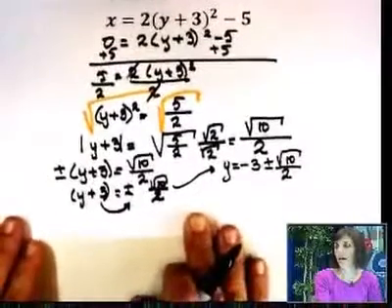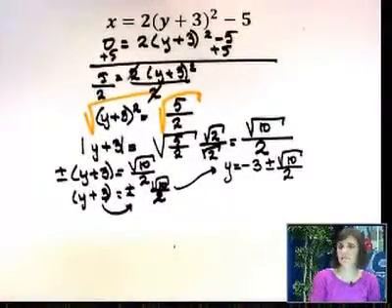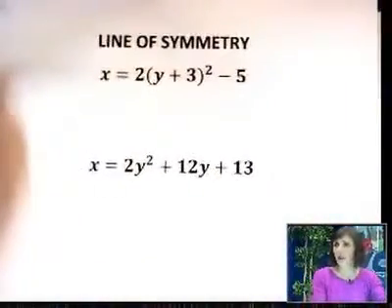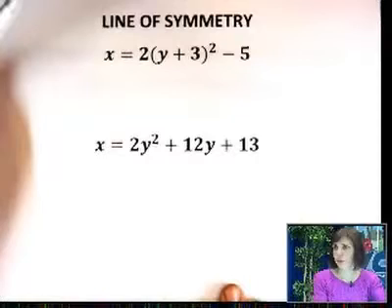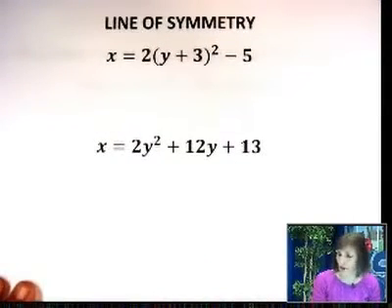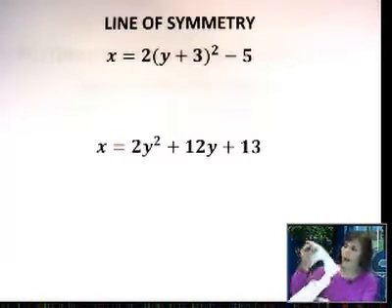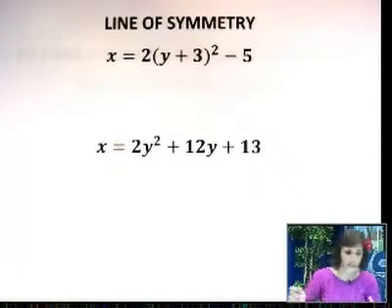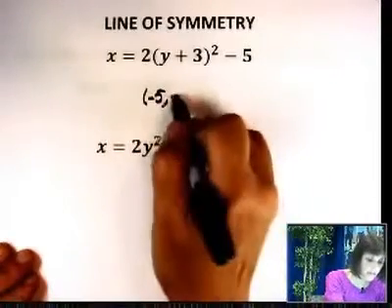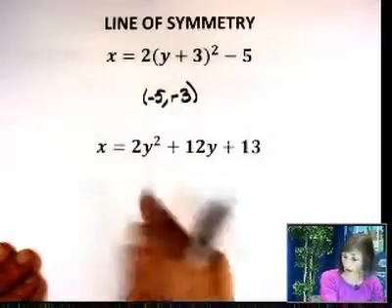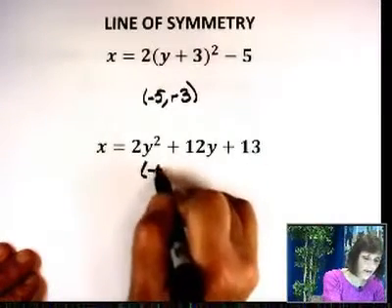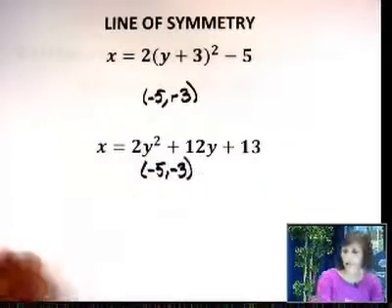Now look at how this is done. Line of symmetry. Remember, it doesn't matter how you did it, but we did this same problem two different ways. For the vertex, I got -5, -3, and when I did this problem, I also got -5, -3 for the vertex.